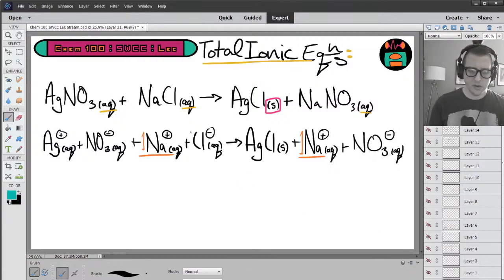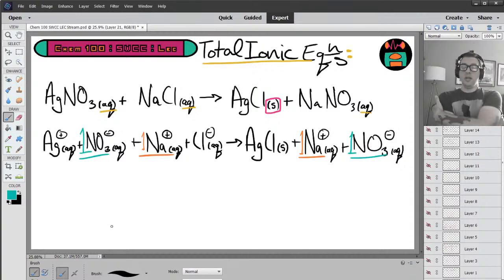I also want you to notice on the reactant side, you have 1 mole of chloride anions. Nope. We don't have a mole of chloride anions on the product side, but we do have 1 mole of nitrate anions on the product side, and we have 1 mole of nitrate anions on the reactant side.